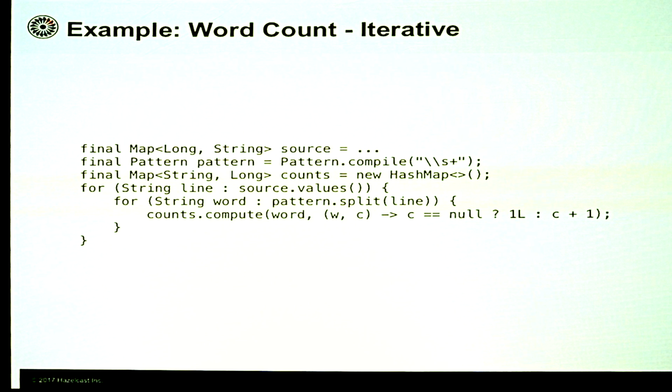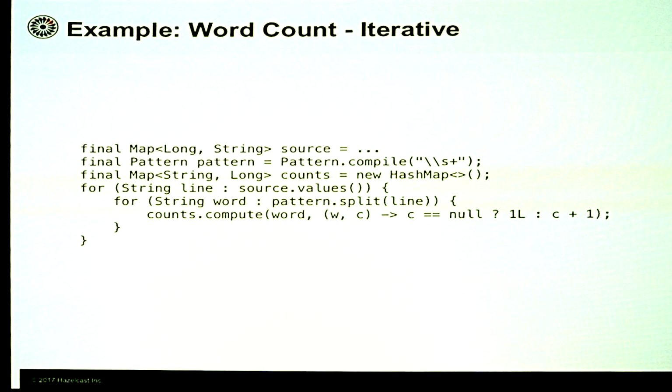So what you want to do is iterate through all the entries in this map, which are lines. You're not interested in the line number; that's not interesting for us. But the line itself is interesting. We will split the line itself and we'll get a lot of words.